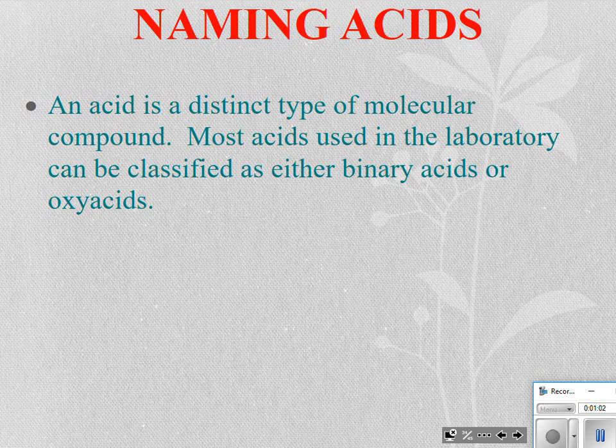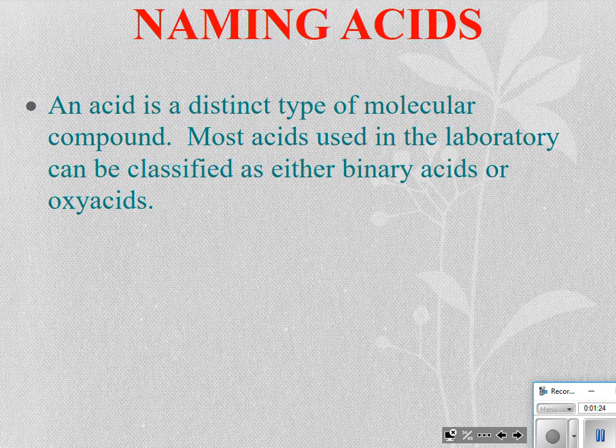Because we have three different rules that we follow when we name acids. Now, first of all, what is an acid? It is a distinct type of a molecular compound.